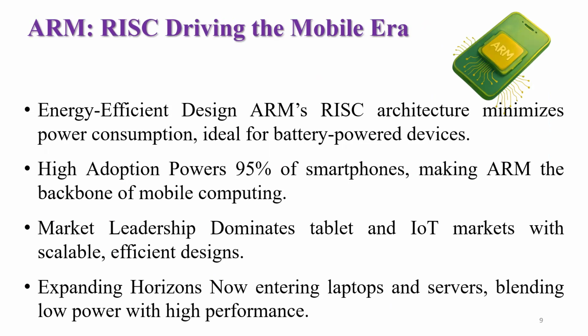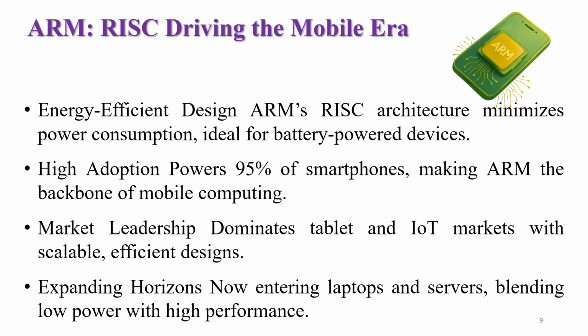ARM, the RISC driving the mobile era. The best known RISC implementation is ARM. ARM powers about 95% of smartphones worldwide. It dominates tablets and IoT markets, with Apple's M1, M2, and now M3 chips.